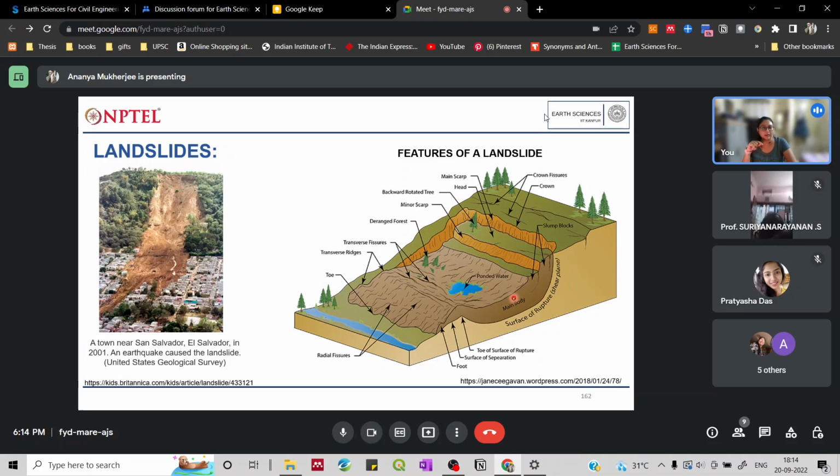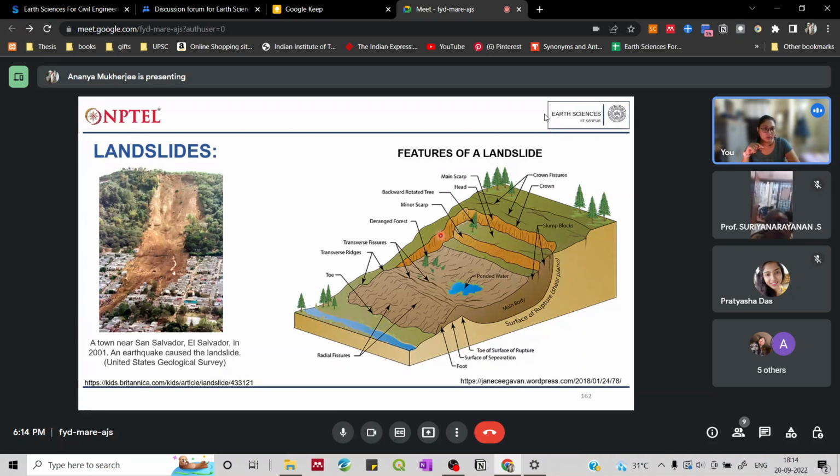And you can see that because of such a depression over here, you will get water bodies forming, which is called ponded water. So this is one of the features that is associated with landslides. And obviously there are many other features associated with a landslide.